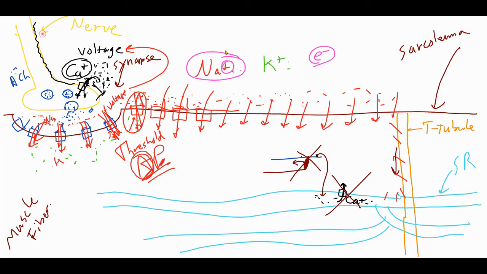But the second we stop sending a signal, no more acetylcholine, it's getting destroyed down here so it doesn't get stuck and keep these open. No more acetylcholine, these close, no more electrical signal. These voltage regulated calcium channels that are letting the calcium out close, and we just start pumping the calcium back in. And then this can no longer happen. We can't form the cross bridge, and we can't continue the contraction. Your muscle relaxes. And that, my friends, is how we cause a muscle to contract.